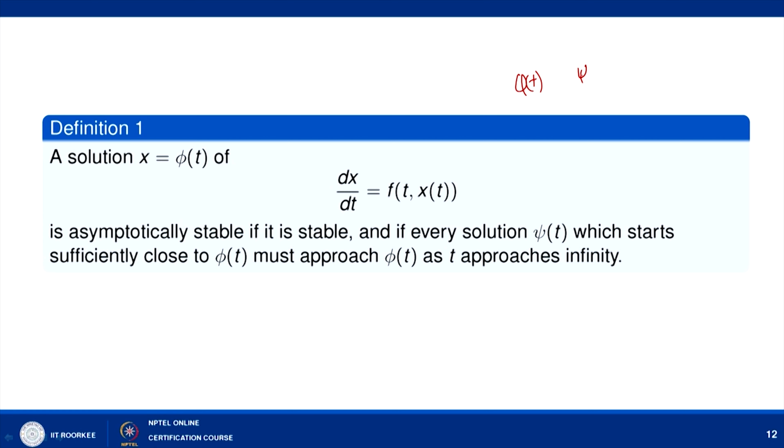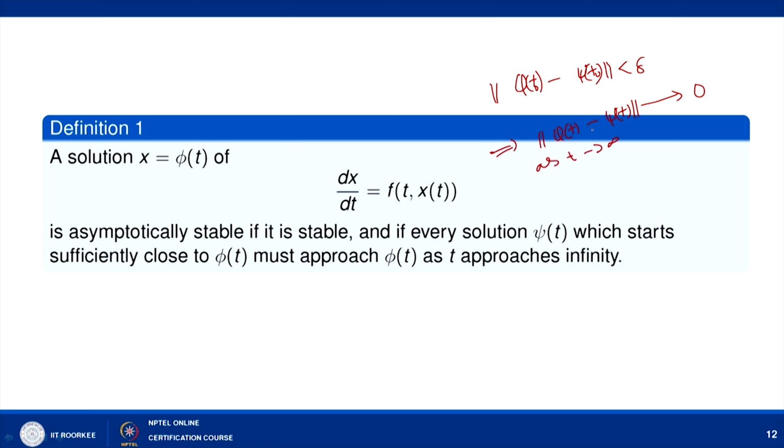What do you mean by asymptotically stable? For that, if you take any other solution psi t which is initially very close to this, it means that norm of phi t naught minus psi t naught is less than delta. Now, this implies that norm of phi t minus psi t will tend to 0 as t tends to infinity.